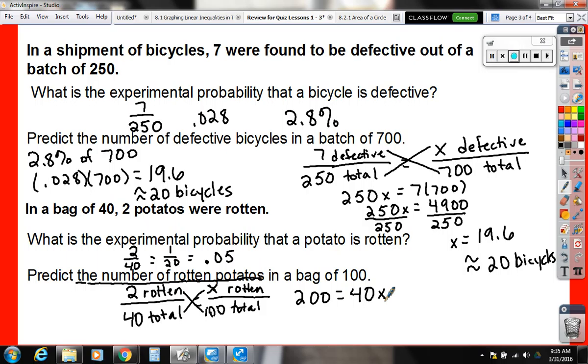Okay, now what do I do to solve it? Did you say divide this by 40? Okay. And what do I get? Five. So there would be 5 rotten potatoes in that bag of 100 potatoes.